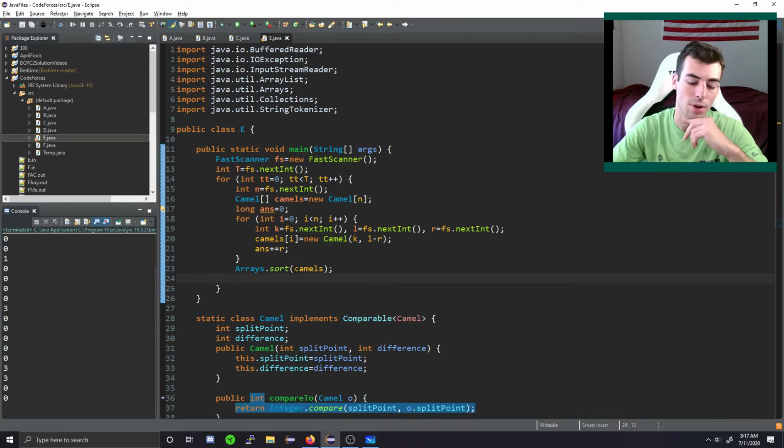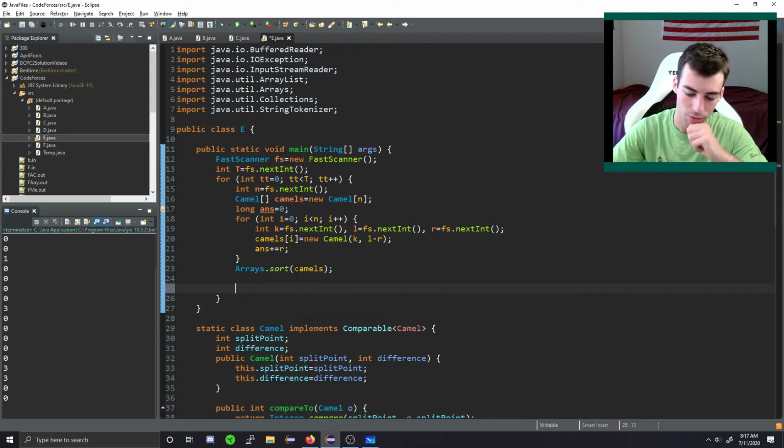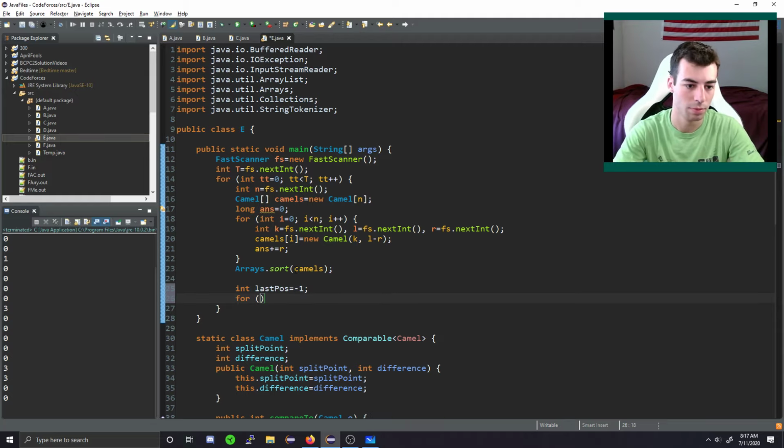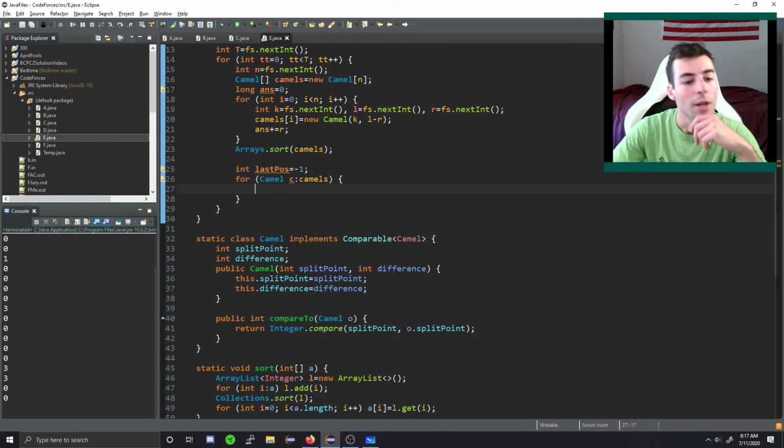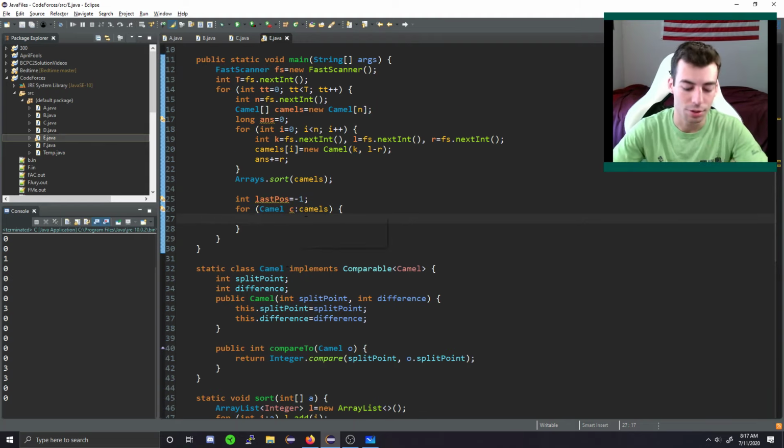Okay, so now we need to walk through each of the camels, or maybe just walk through each of the positions. I think it's probably easier to walk through each of the camels. But I might be wrong, we might end up changing this later.